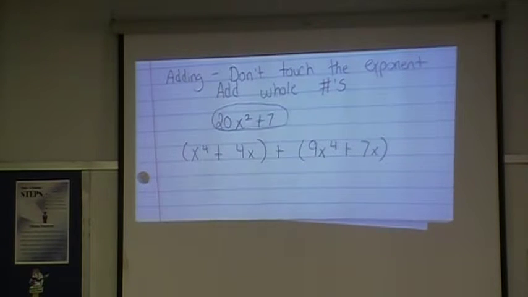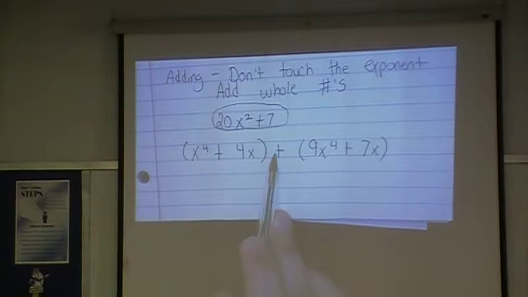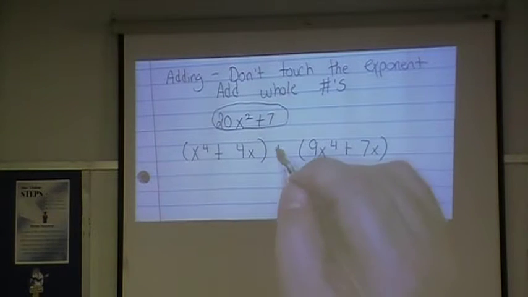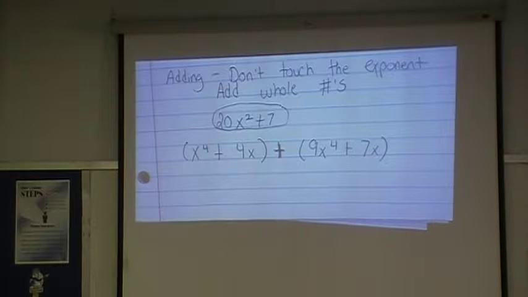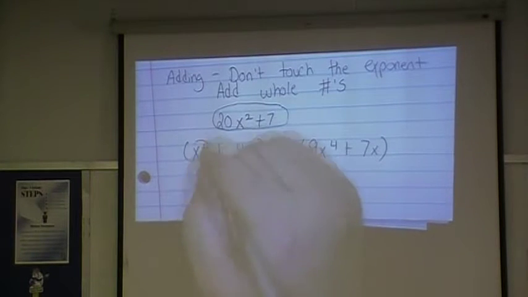I'm adding. I know I'm adding because there is a plus sign between my two parentheses. You say, well, duh, Miss Petite. But in a moment, you'll see why that's important. I'm adding. I know I'm adding because there's a plus sign. I know my rule for adding. Adding. Don't touch the exponents. All I'm doing is adding whole numbers. Technically, all I'm doing is combining like terms.